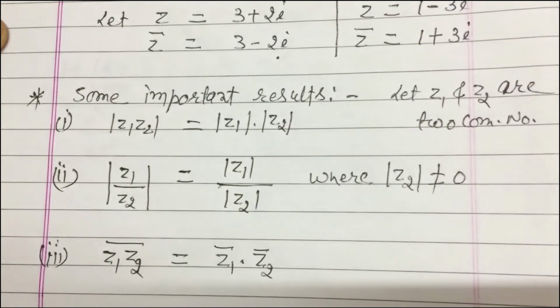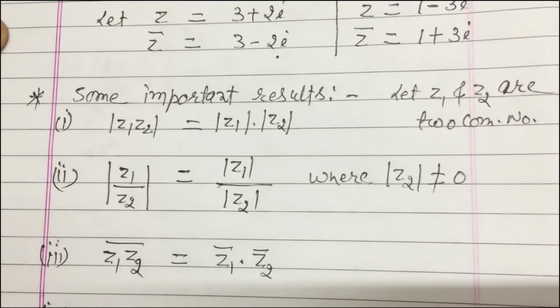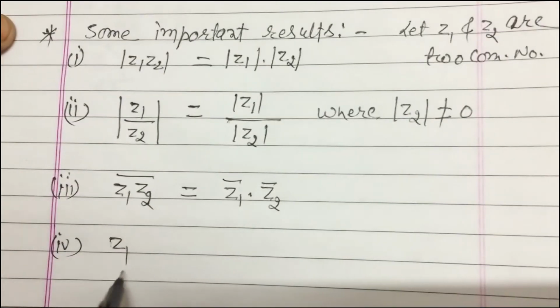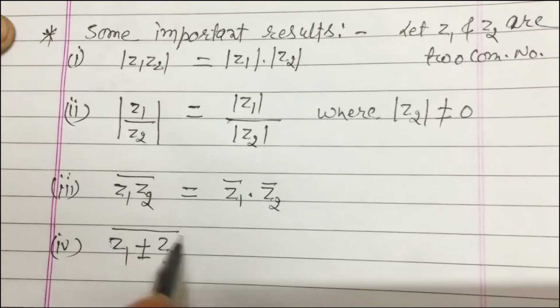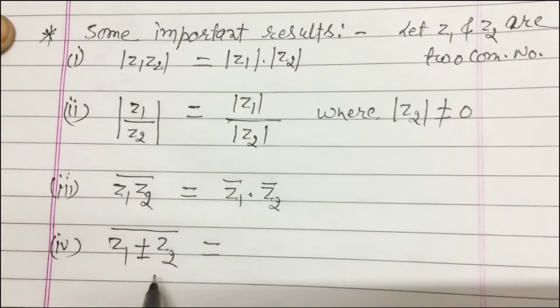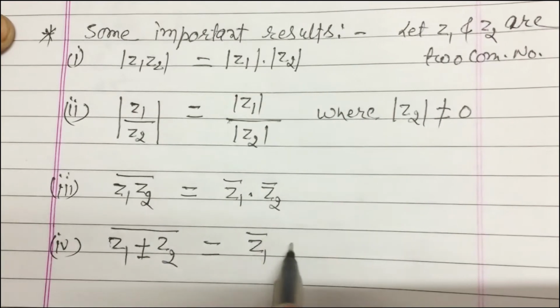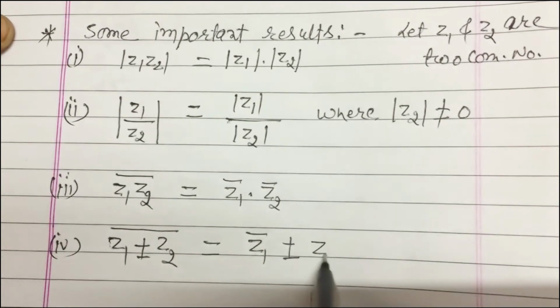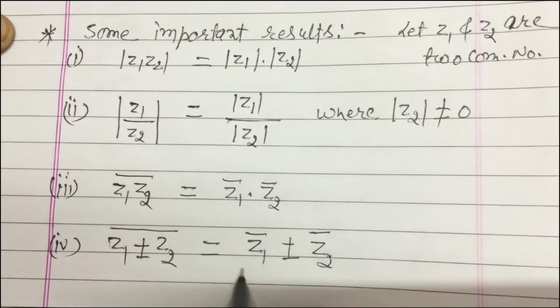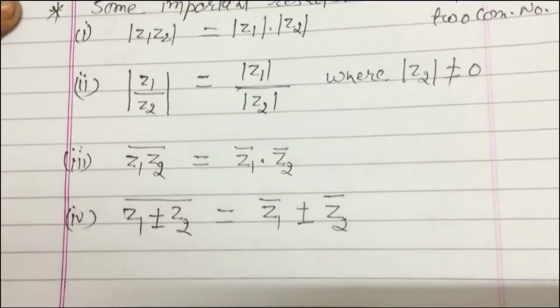Now the fourth is conjugate of z1 plus minus z2, meaning we are finding conjugate. So here it is z1 bar plus minus z2 bar: conjugate of z1 plus minus conjugate of z2.